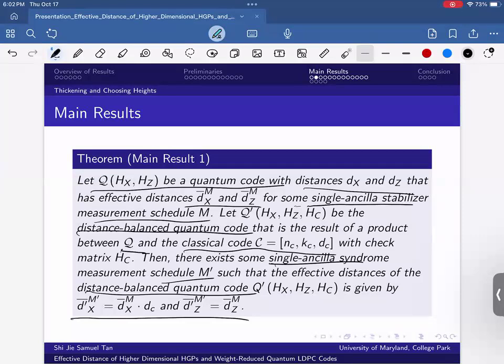I'm still struggling a little bit with this distance balancing, because you are multiplying in one direction, so one distance becomes much larger than the other, and somehow this is nevertheless called balancing. The X distance is much larger, this one is very small, and they're called balanced.